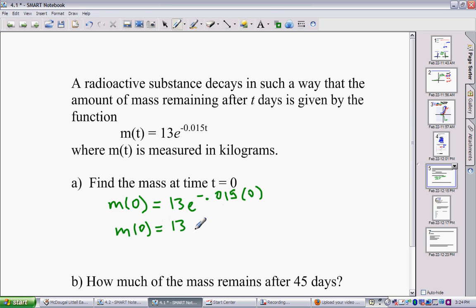So 13e to the 0. Anything to the 0th power we know is 1. So at time 0, the mass is 13 kilograms.